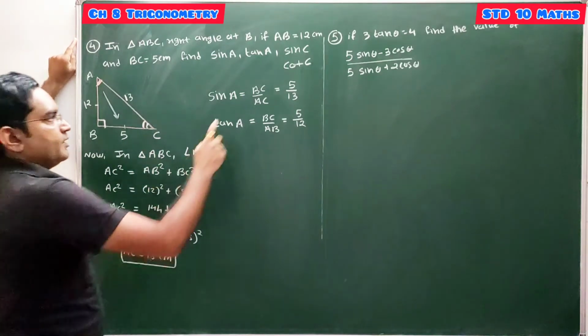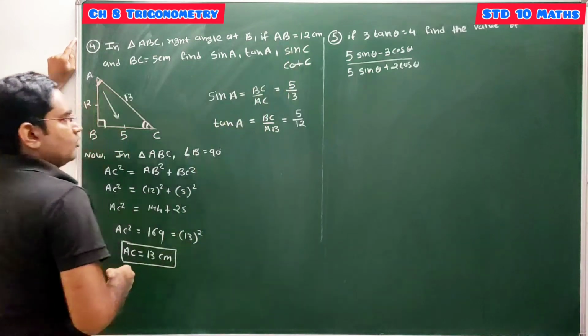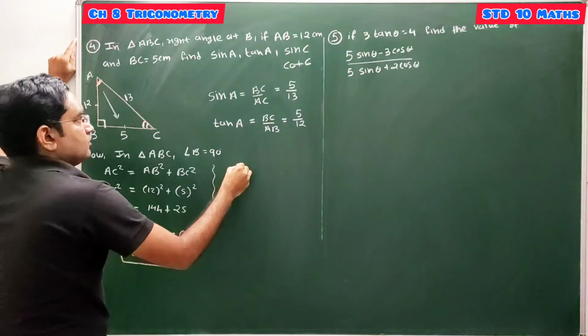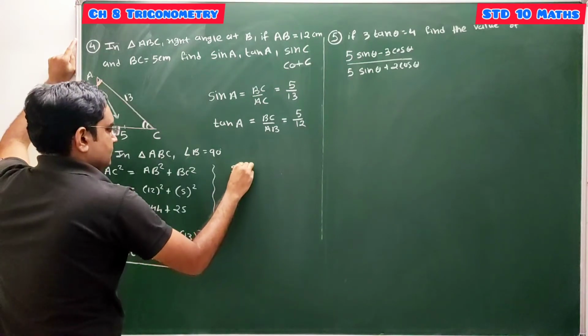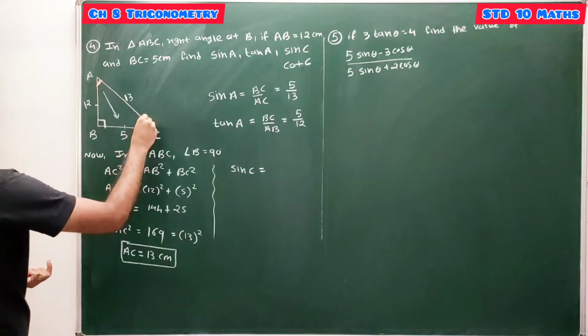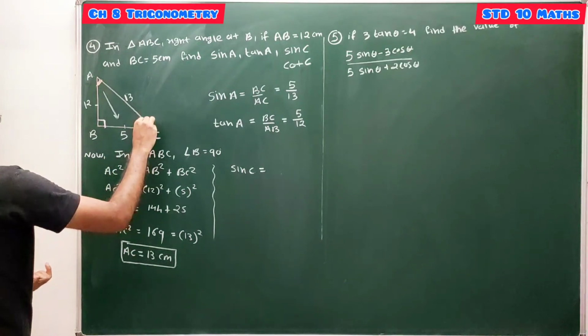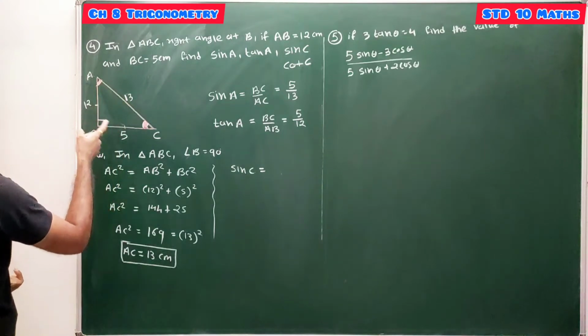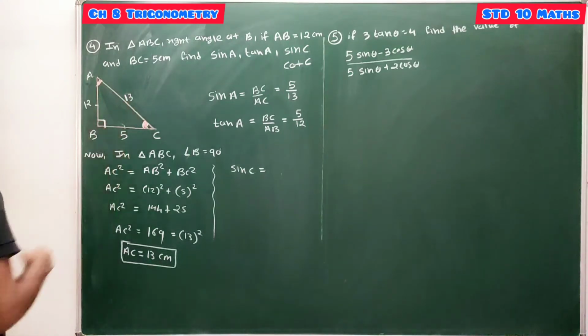Out of that 6 trigonometric ratios we have to find sin C and cot C. So now sin C. So now our theta is this angle C. So for this C, this side will become opposite side and this side will become adjacent side and this will be hypotenuse.